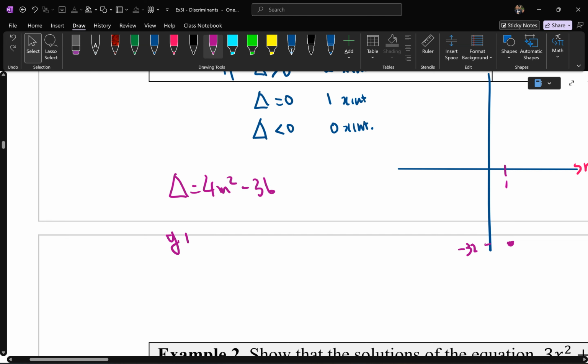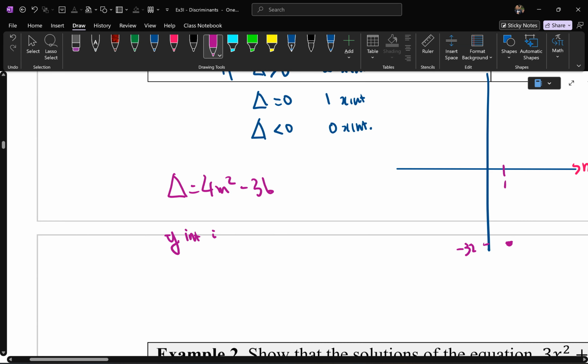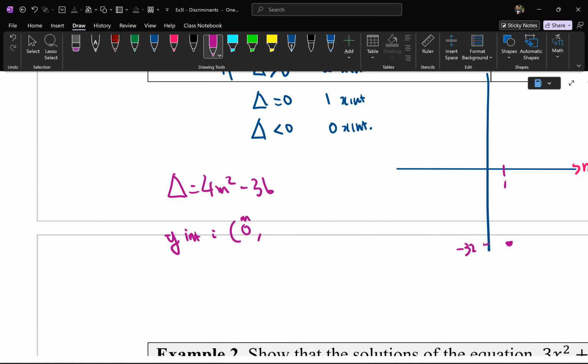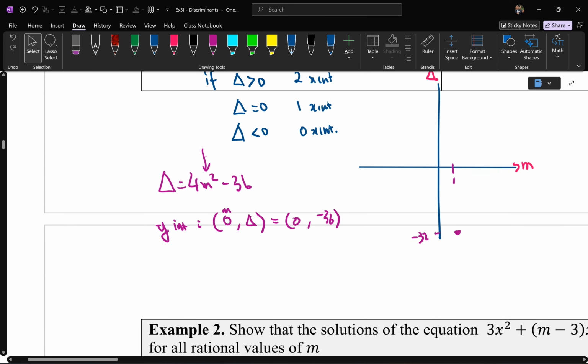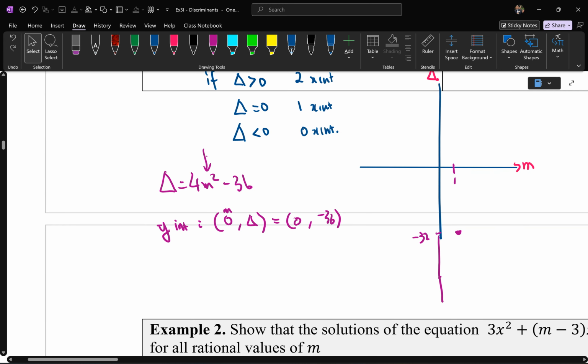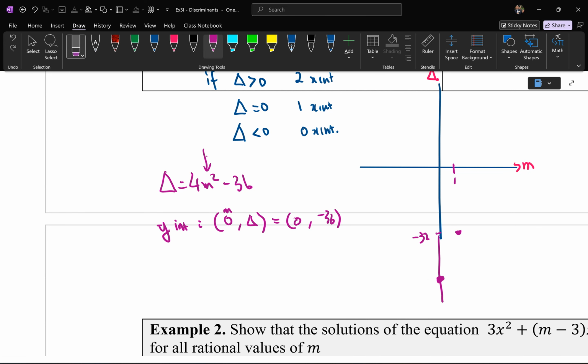Negative 36, because m needs to be 0, and if m is 0, the discriminant equals negative 36. So the y-intercept is 0, negative 36.